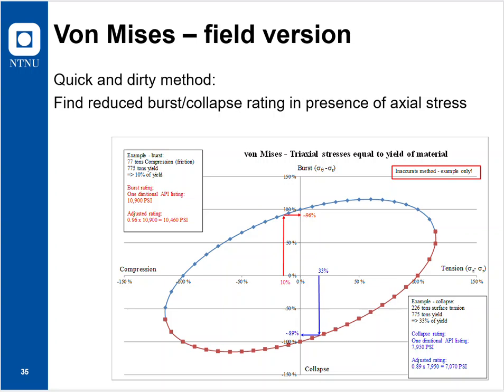In the industry, out in the fields, where you find land-based industry a lot, you see papers or people talking about the quick and dirty method of looking at the triaxial stresses and finding what is remaining.